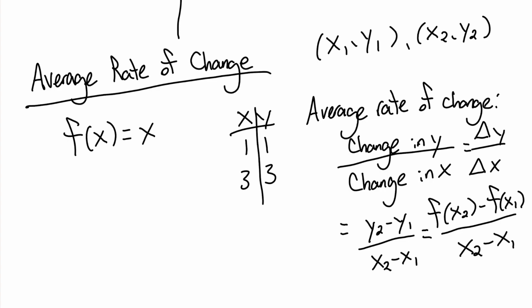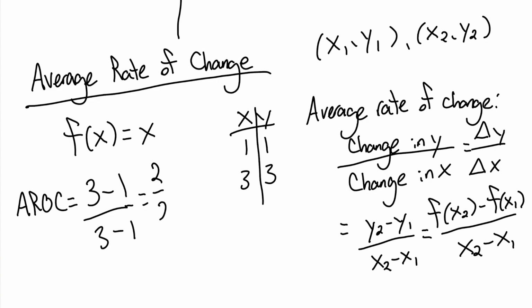So on this example that we have here, this would be the average rate of change, which we sometimes abbreviate as AROC, A-R-O-C. This is going to be equal to the difference in the y values, which is 3 minus 1, divided by the difference in the x values, which in this case is also 3 minus 1.